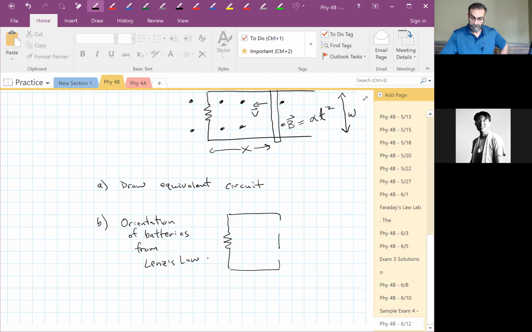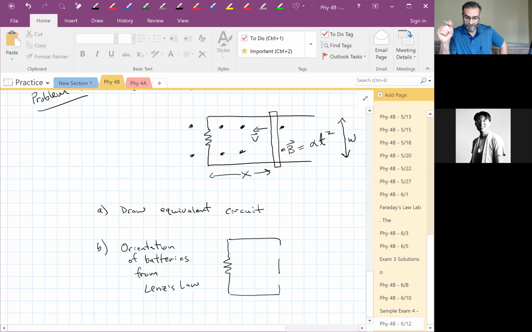Which direction? Doesn't that also depend on the velocity of that rod? Yeah, we're ignoring the velocity, one thing at a time. Just the magnetic field. What's it doing?